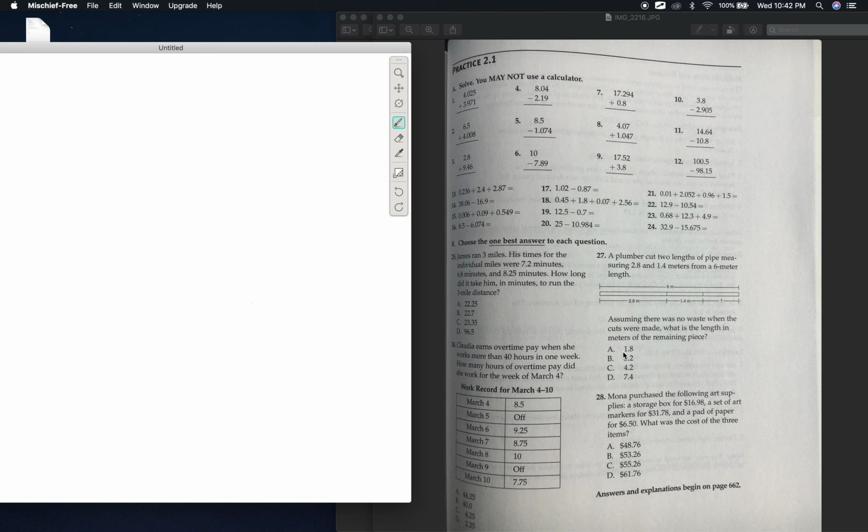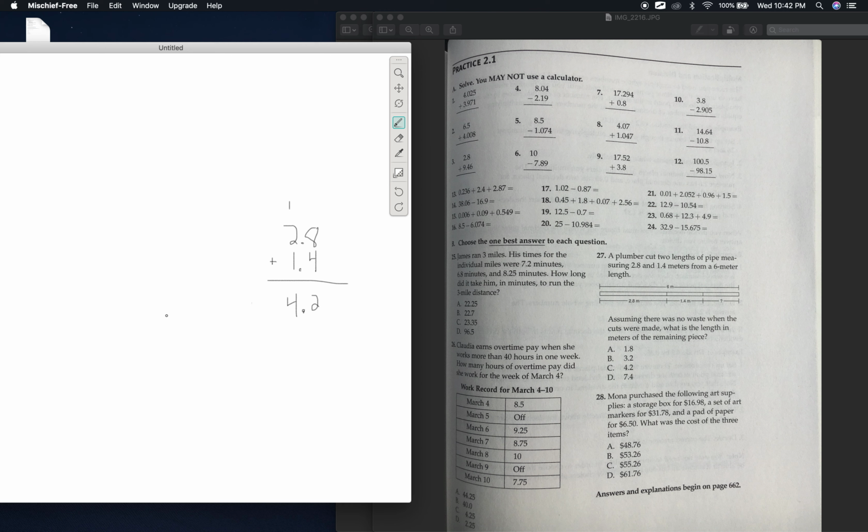So we need to add what he already cut, 2.8 plus 1.4. Okay, addition. 8 plus 4 is 12. This is 4. 1 plus 2 plus 1. Okay, so he cut 4.2 meters.